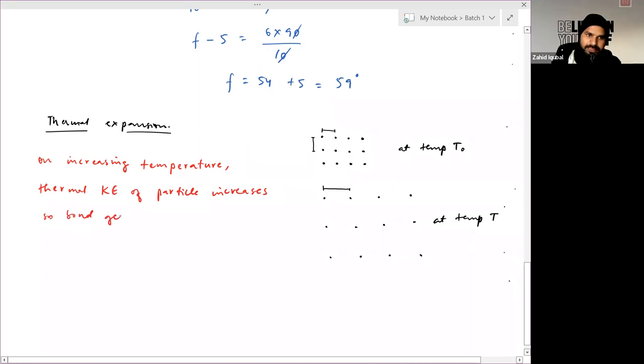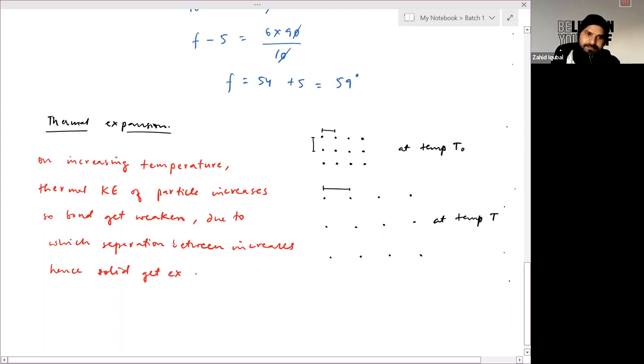So bond get weakened due to which separation between them increases. Hence, solid get expand on heating.